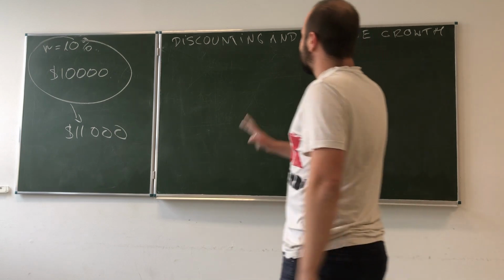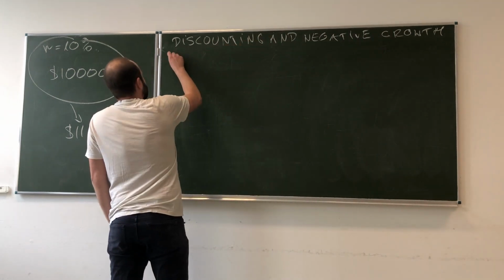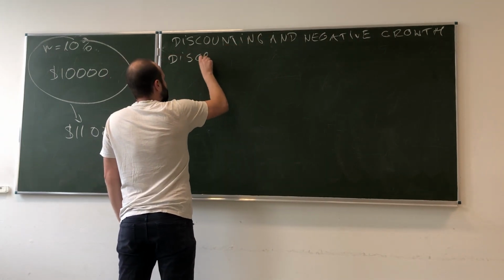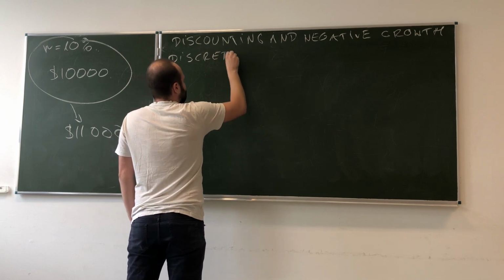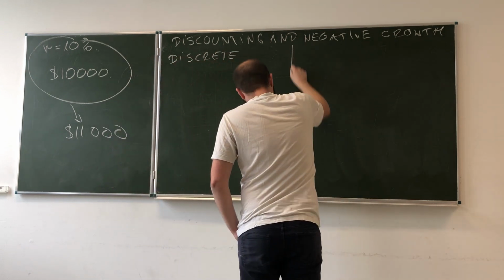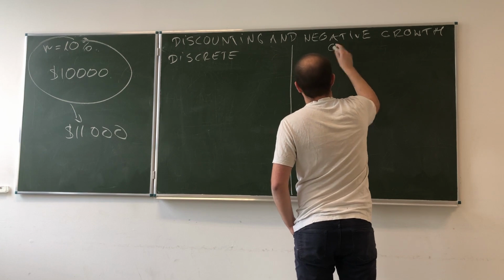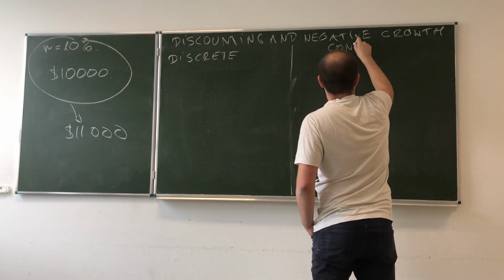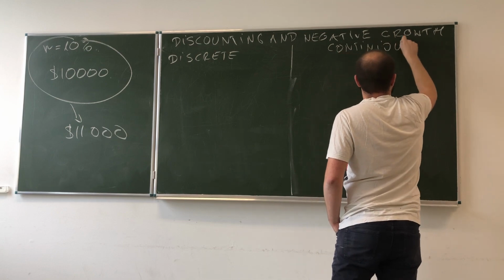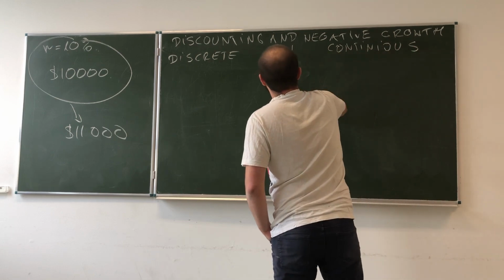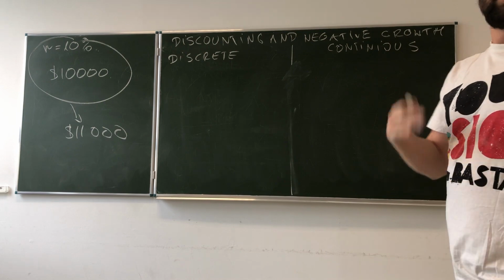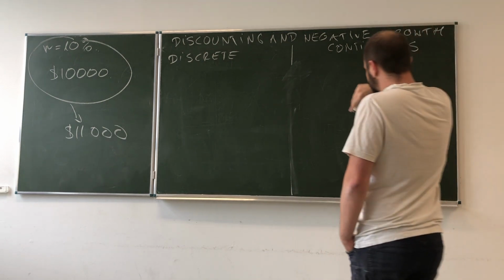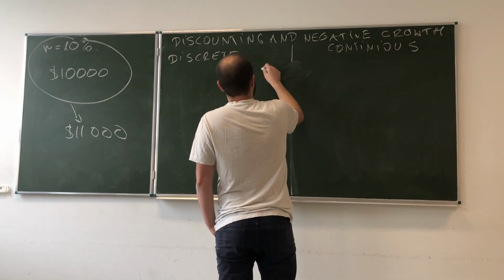Okay, look, let's just say that over here we will have discrete time, and over here we will have continuous time. Okay, so let's start with what we already knew. So, future value.